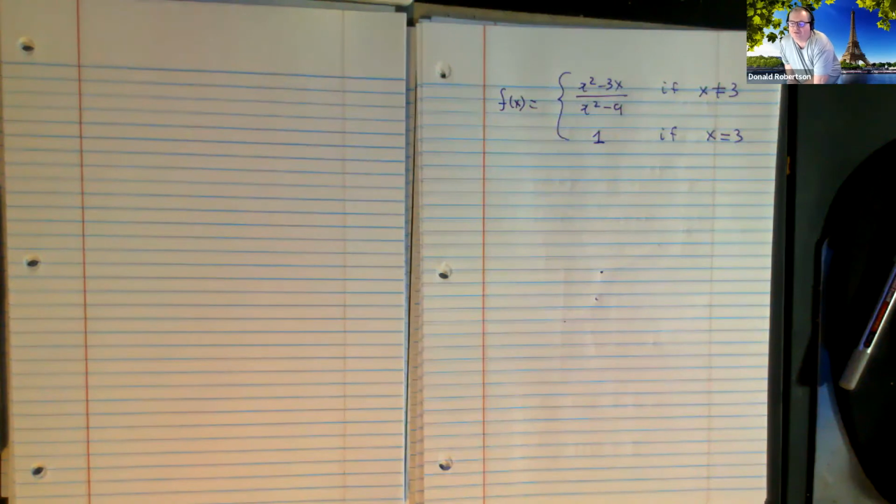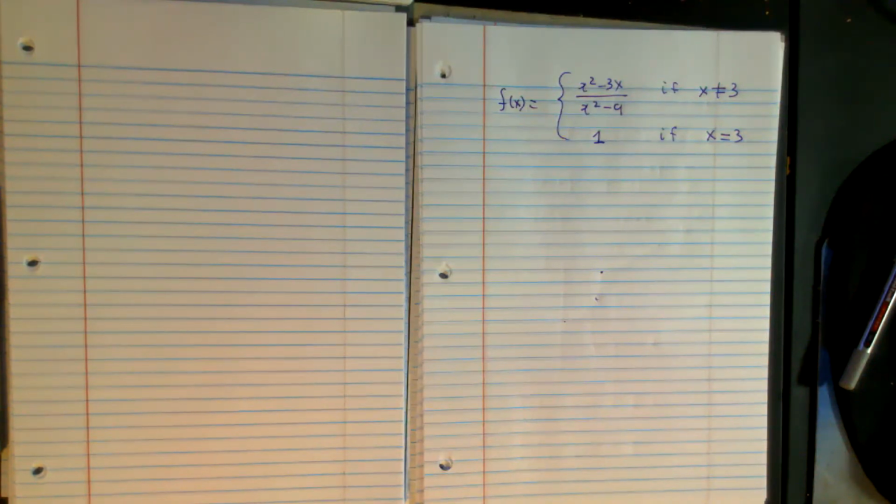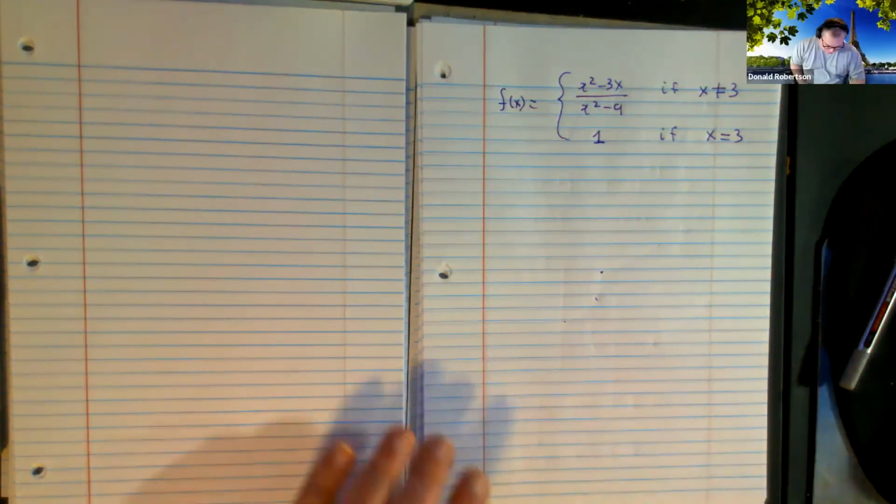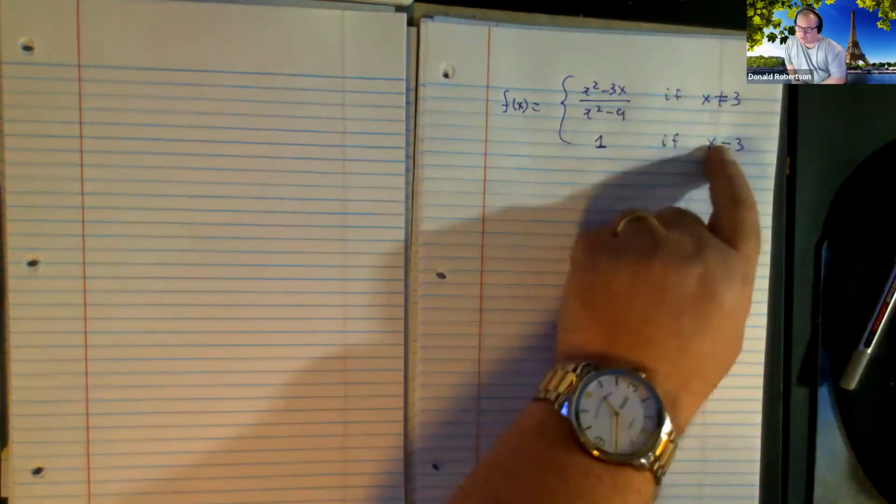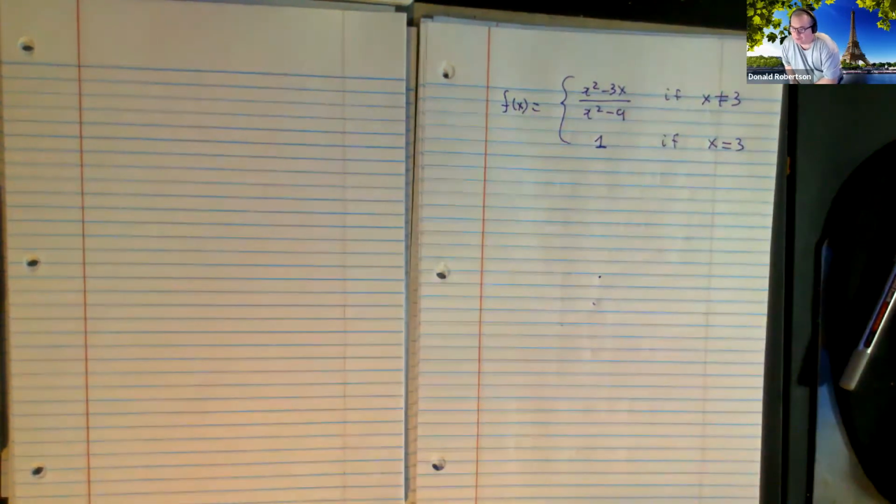Is there another value of x where there's an equally nasty problem? Just 3. Just 3, right? So let's focus on the 3 first, and then we'll go and look at your -3 and see what the problem is with that, because you're right, there is a problem. I didn't notice it until you explained it to me.